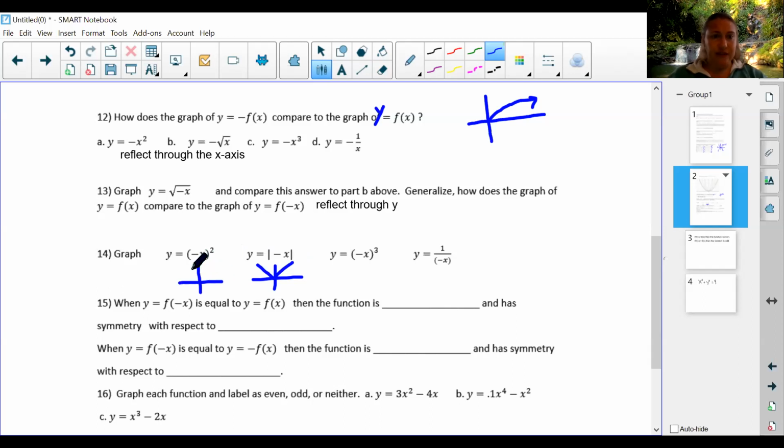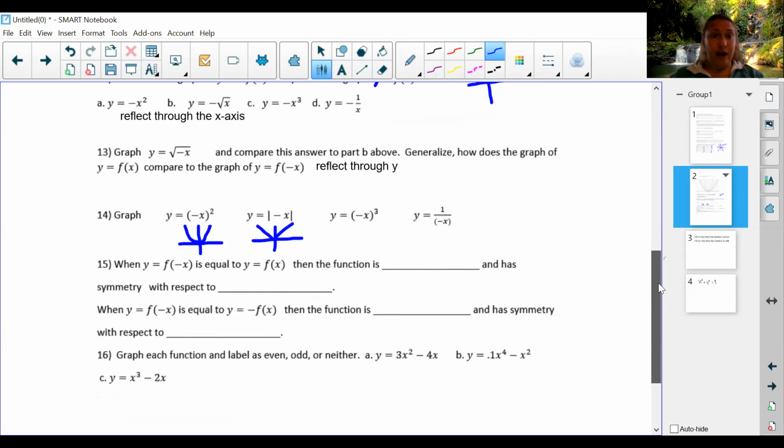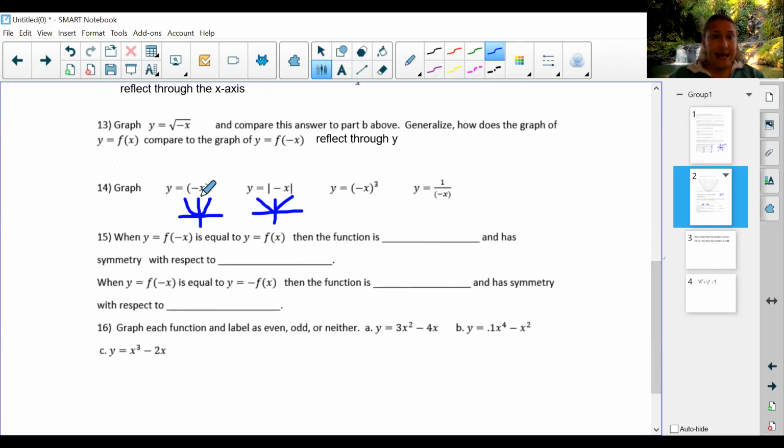If I took each of these graphs and folded it along the y-axis, the two sides would match up. So if I am symmetric with respect to the y-axis, and therefore I get the same answer whether I work with the original function or whether I negate the x, I get the same result.